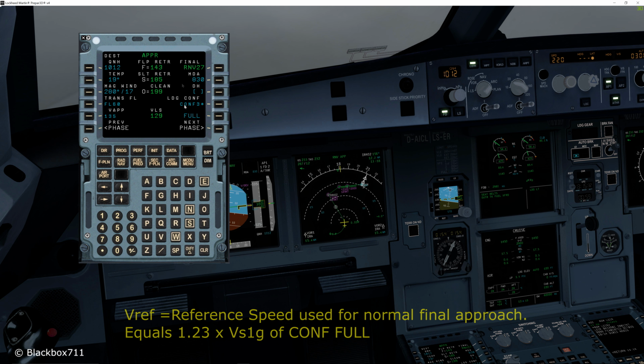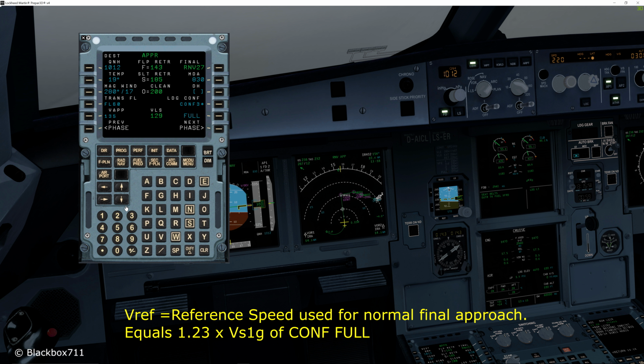Let us now look at the approach speeds. Now, on the approach page, it says VLS. It does not say VREF anywhere. However, be aware that VREF is the reference speed used for normal final approach, and that equals 1.23 times VS1G, and is valid for config full.